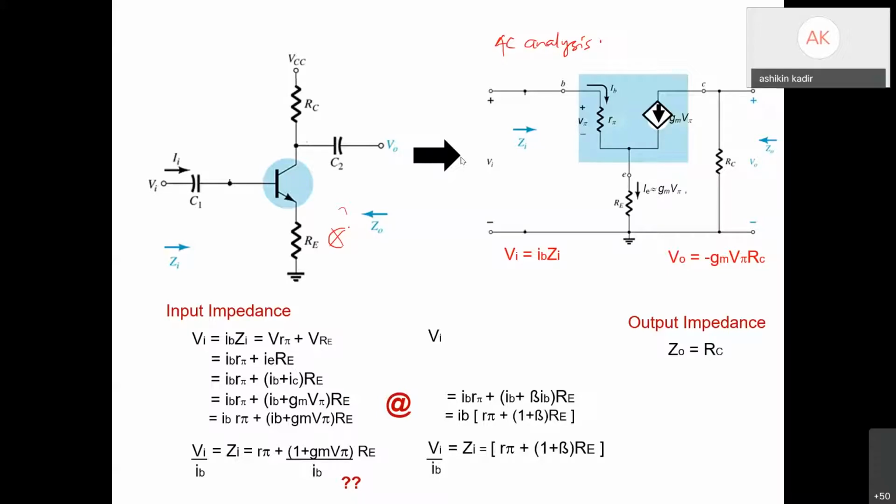So when there is no bypass capacitor at RE, when you draw the AC analysis, at the emitter terminal you must draw the RE.